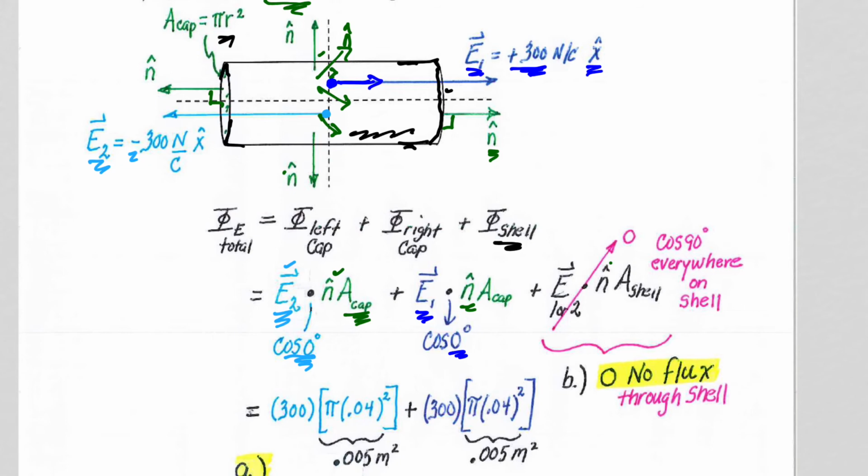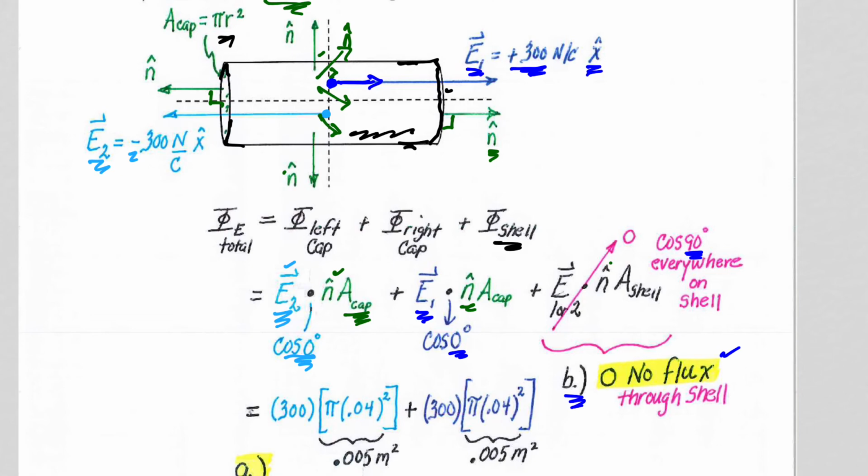So because we get our cosine of 90 degrees between the n-hat, we can just let cosine itself dictate our answers. If we apply the mathematics correctly, we will always get the right answer. So the shell, it turns out, has no flux. So part B of our question is answered. No flux through the shell because the electric fields ride along the shell.